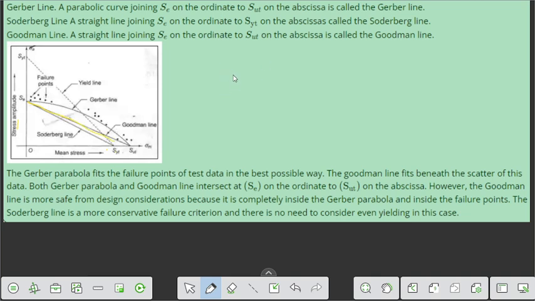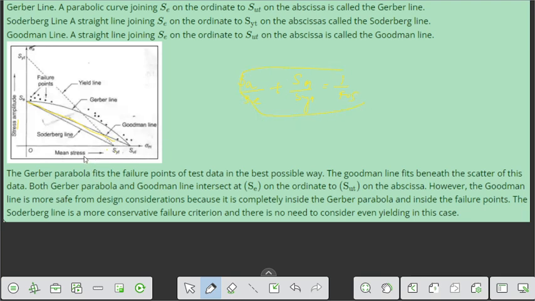That means the equation is SA by SE plus SM by SYT equals 1 by factor of safety.